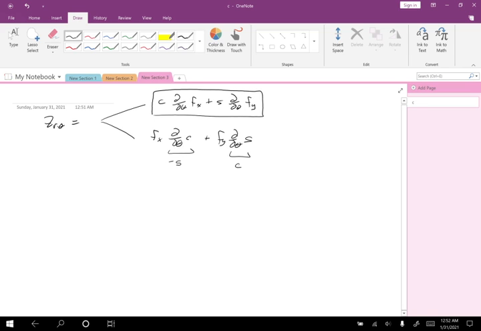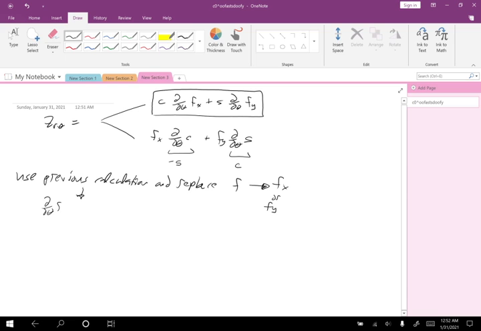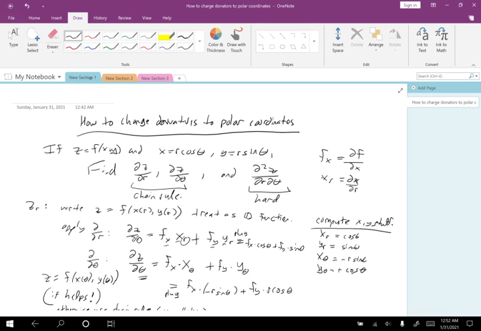So how you do this is you use the previous calculation and replace f with f_x or f_y, depending on which term you're using. Remember, our previous calculation, let me just go back and make sure I'm doing it right. It looks like, oh, okay, I can just go on the second page.